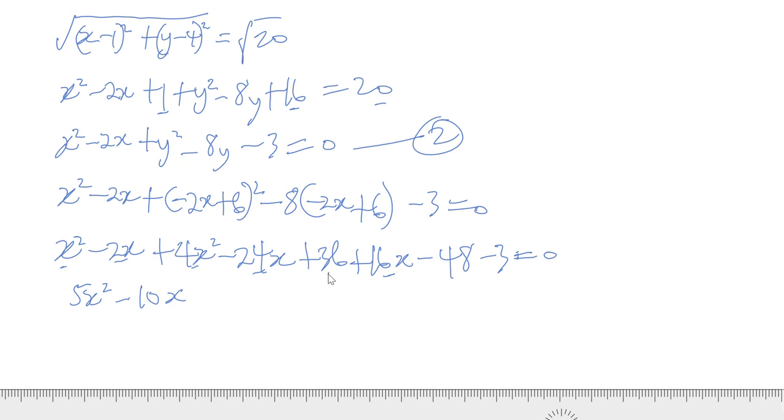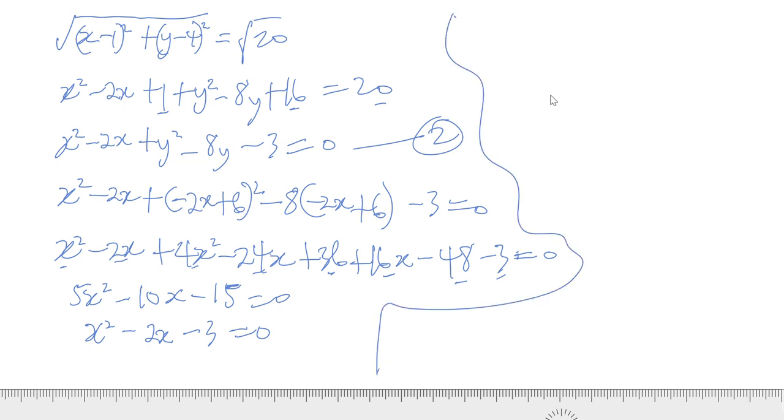Now we are left with 36 minus 48, that gives you minus 12. Minus 12 minus 3 gives you minus 15. We can reduce this further by dividing each term by 5. That gives x squared minus 2x minus 3 equals 0.